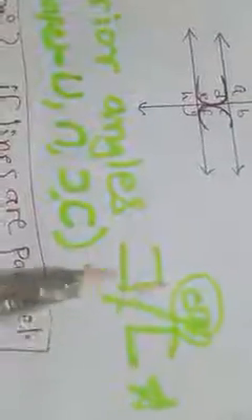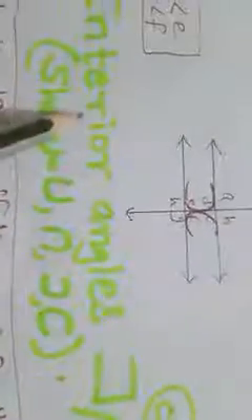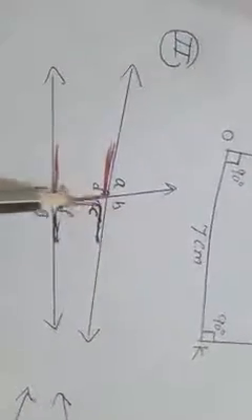Then the angles showing the bowl or U are interior angles. What is the type? Pair of interior angles. Got it? Now, how to identify? See this bowl.